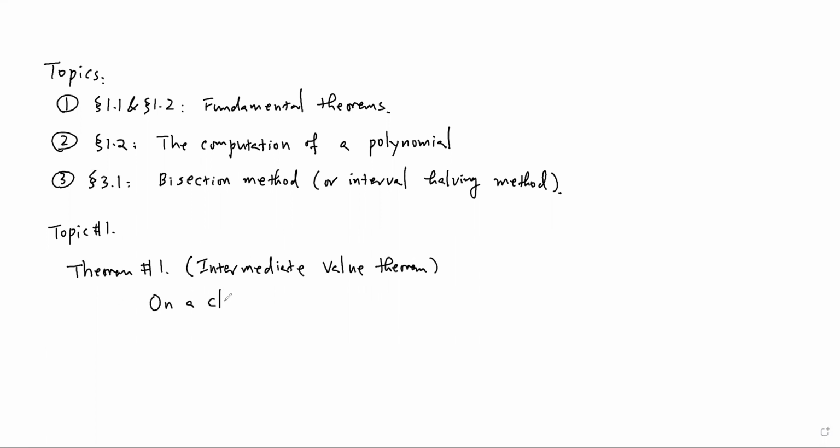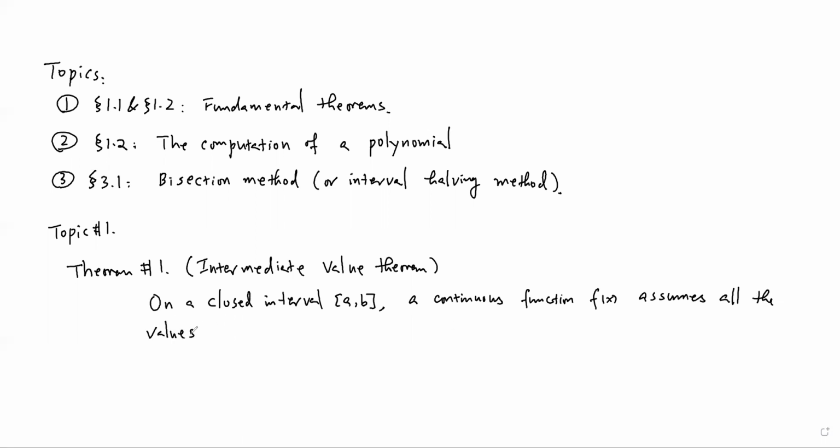On a closed interval AB, a continuous function f can assume all the values between the function values at the two endpoints. This is from the last class.